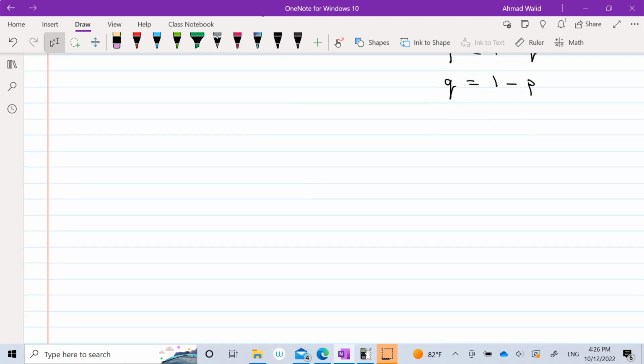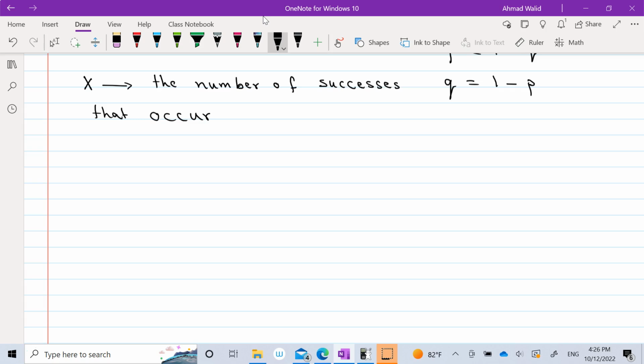The next notation is x. X is the number of successes that occur in the n trials.